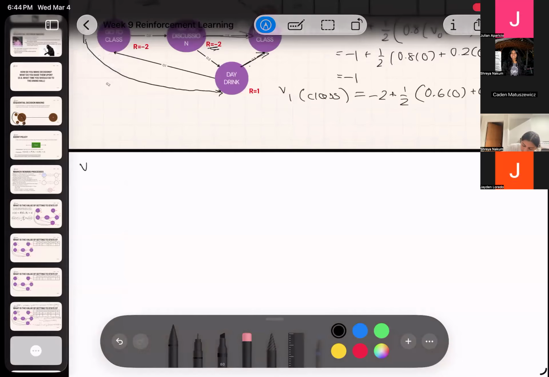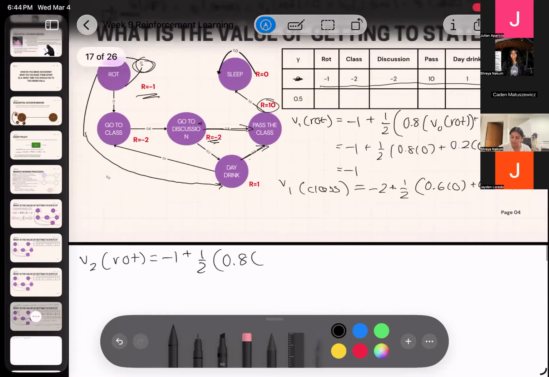Let's go to V2. So now that we know that first we start with 0, blank slate, don't know anything. First iteration, now we know what all the rewards are. So now on the second iteration of rot, we have the actual reward, -1, plus again the discount. Now it's going to be 0.8 times, remember here we had the 0th iteration of rot, now we're going to have the first iteration of it.